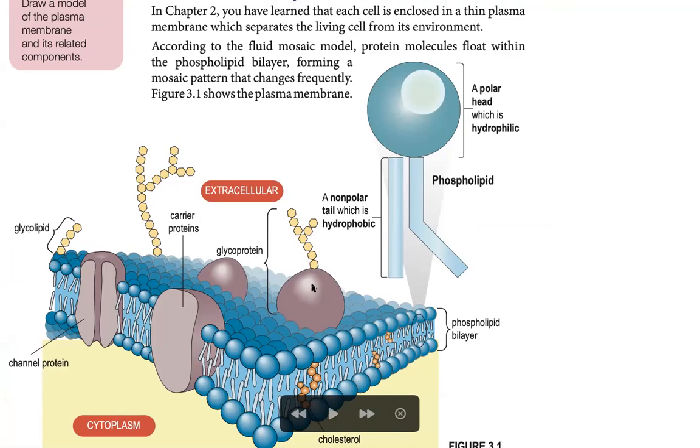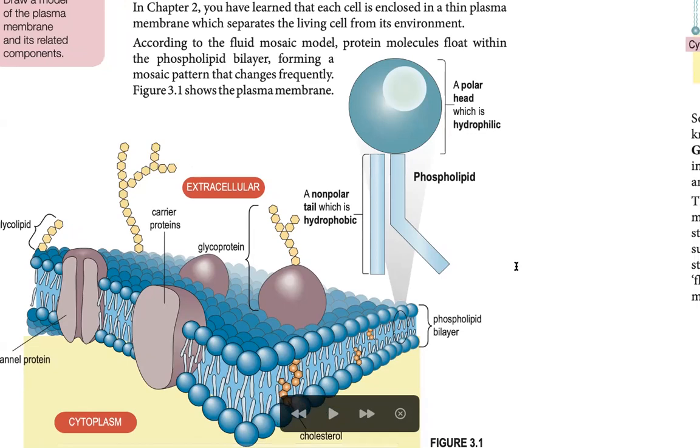Yang ni dia gabung dengan protein kan, so we call it a glycoprotein. And then this is glycolipid sebab apa? Ni kan phospholipid bilayer. So this is carbohydrate. Glyco stands for carbohydrate, lipid stands for the lipid. Same goes here. Glyco stands for carbohydrate here. Protein is this one.